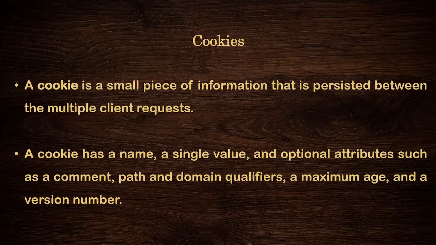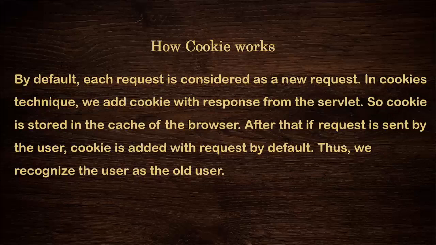What is a cookie? A cookie is a small piece of information that is persisted between multiple client requests. A cookie has a name, a single value, and optional attributes such as a comment, path, and domain qualifiers, a maximum age, and a version number. How do cookies work?